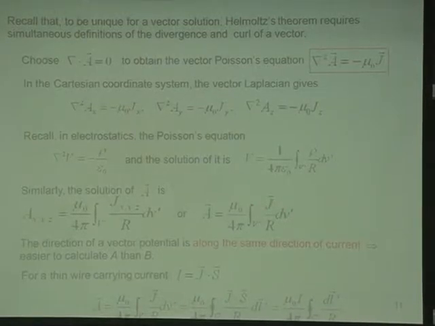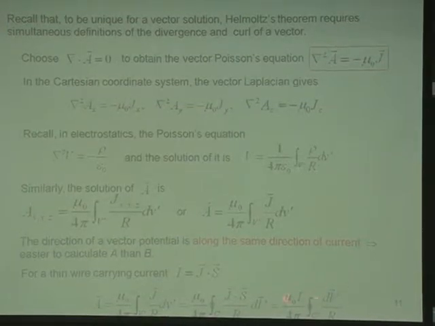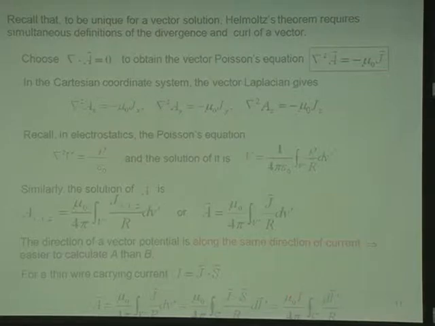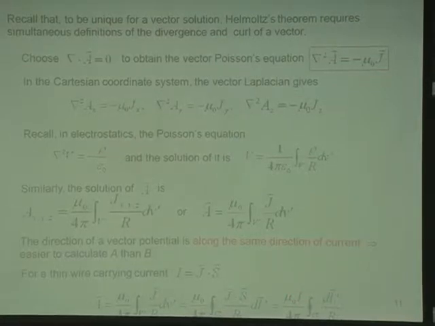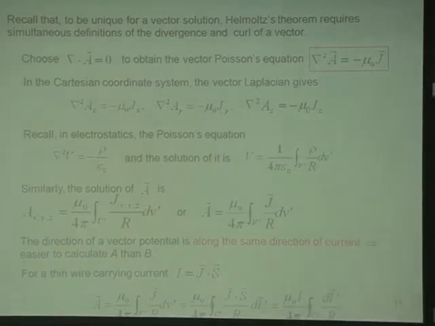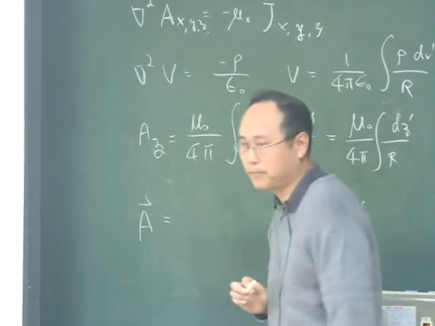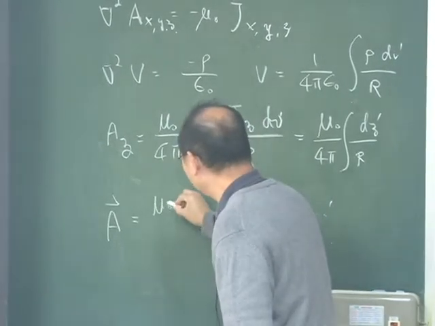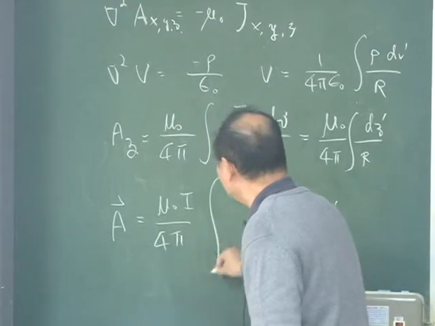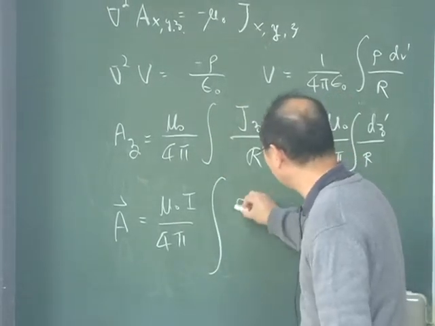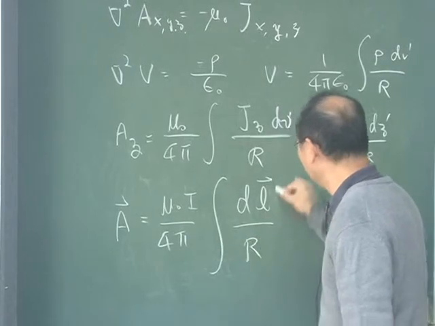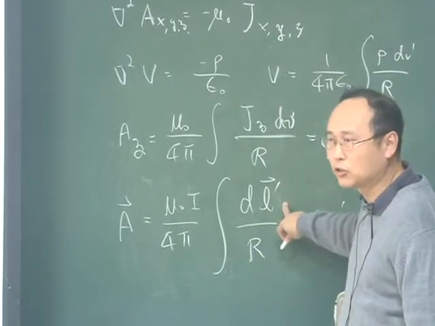So you can convert this expression for A into this equation and pull the current outside, if you have a uniform current through a wire. So you get this expression for A, in general along any possible direction: mu naught I divided by 4 pi, times a path integration for your source.